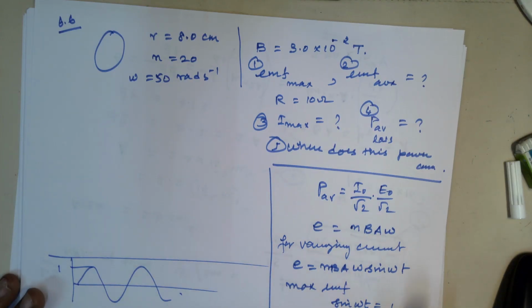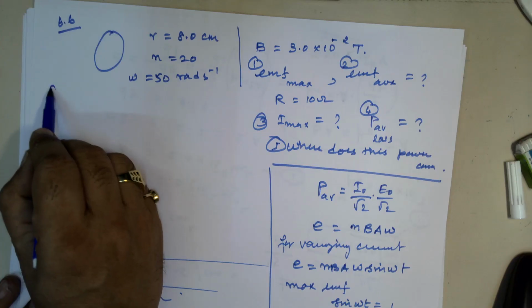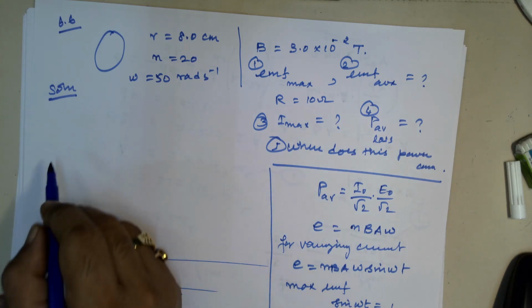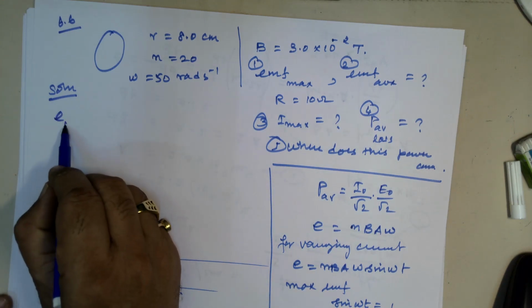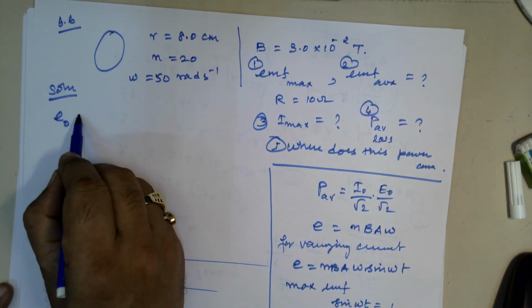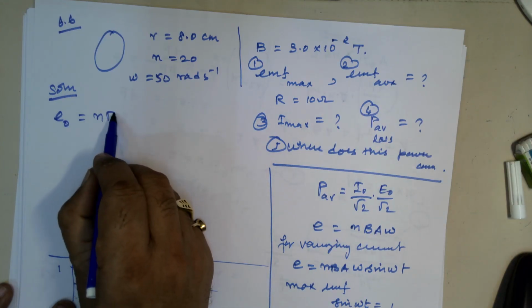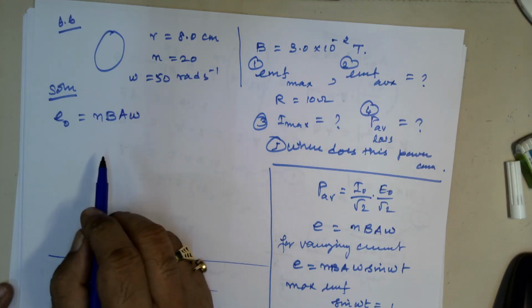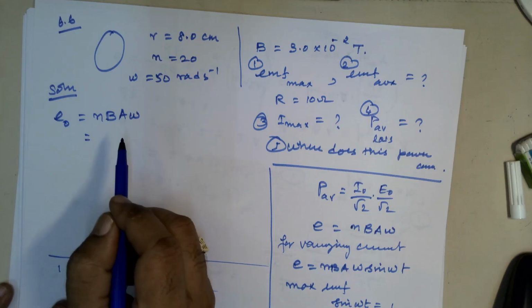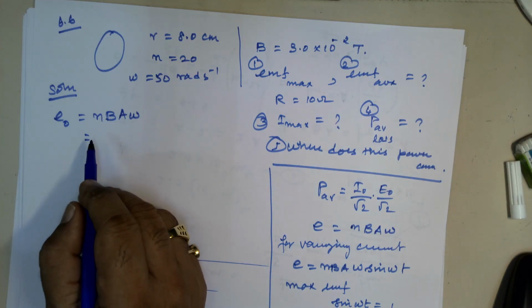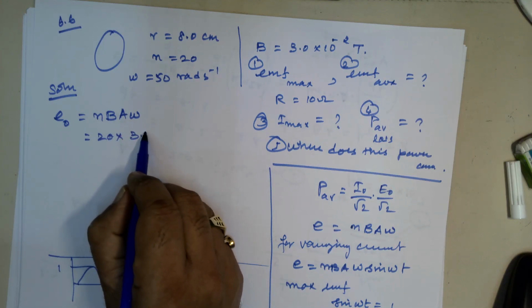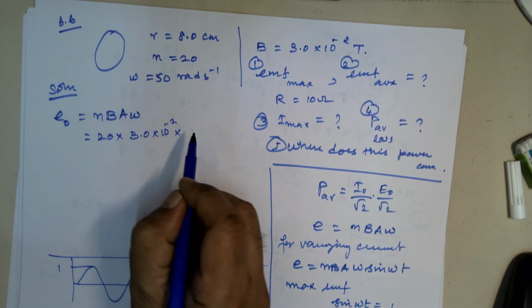So with this, let us proceed. Now, solution. The first one, E naught, that is the maximum EMF. E naught is nothing but number of turns of coil, magnetic field, area, omega, angular velocity. What is N? 20. Magnetic field 3.0 into 10 power minus 2.